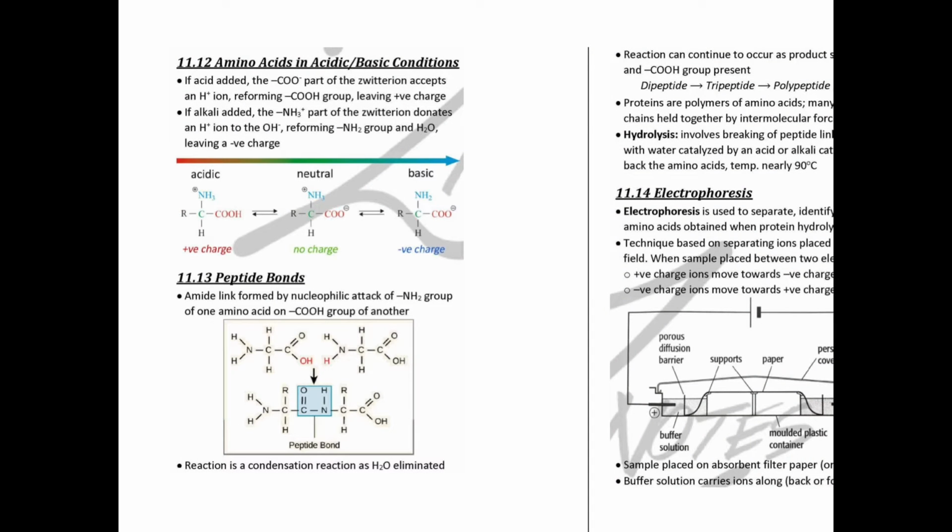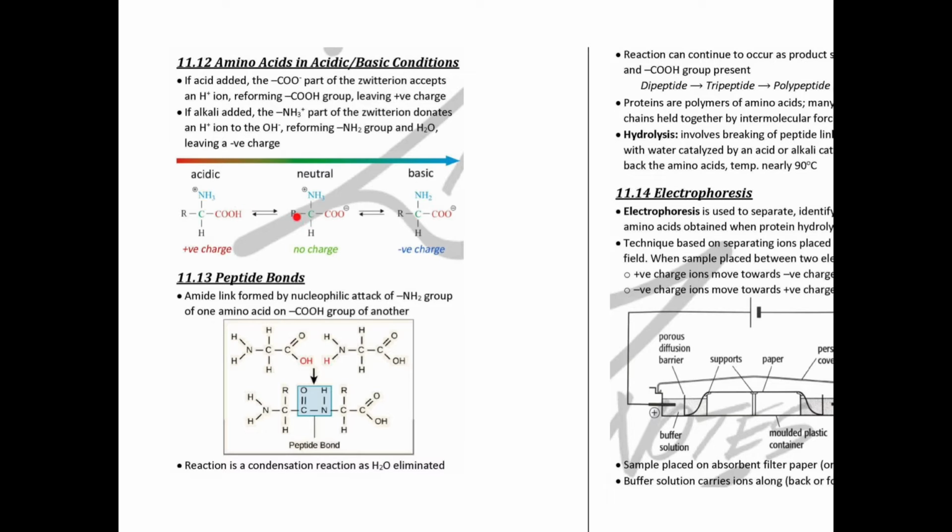So 11.12, amino acids in acidic or basic conditions. First, they said if acid is added, the COO minus part of the zwitterion accepts an H plus ion. You can see here, originally they are neutral, but if you add acid, that means you add H plus, so we go to the left.